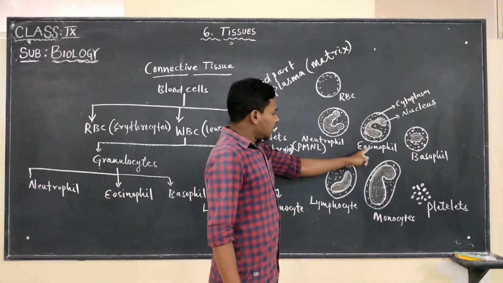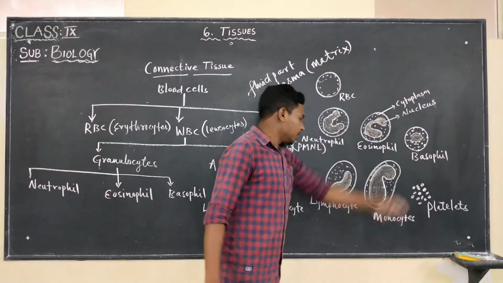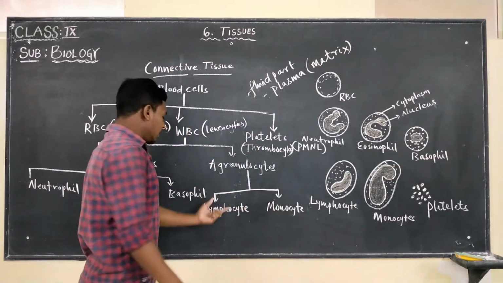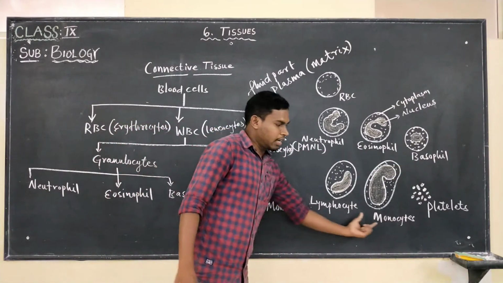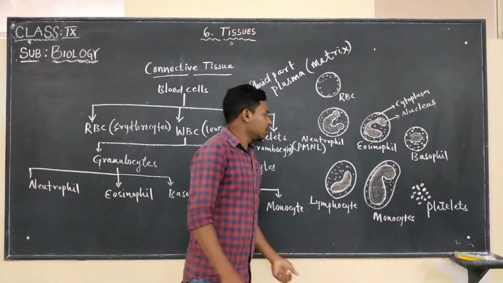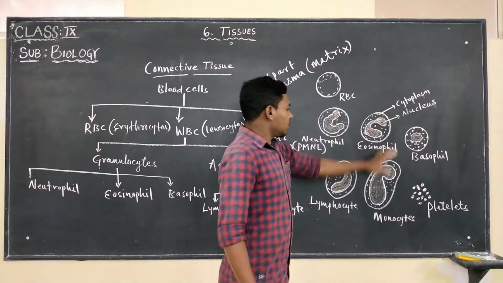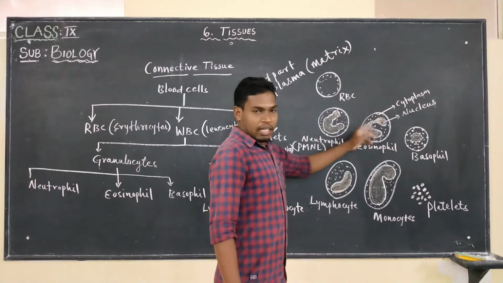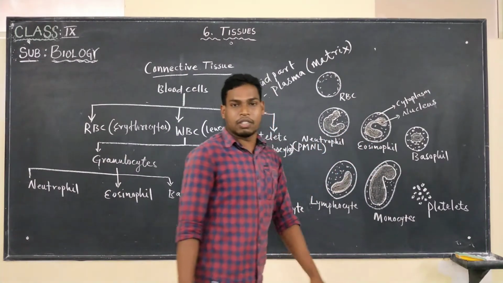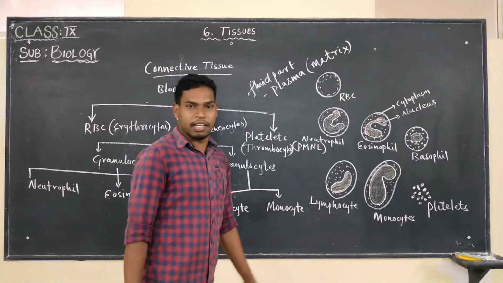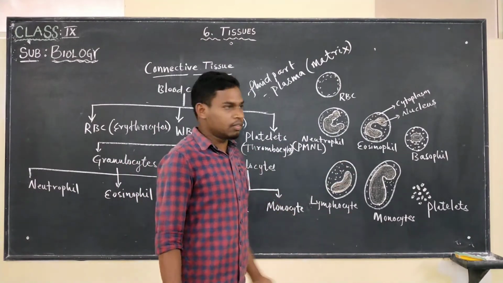And agranulocytes are lymphocytes and monocytes. These cells are given their names based on the characteristics of staining.